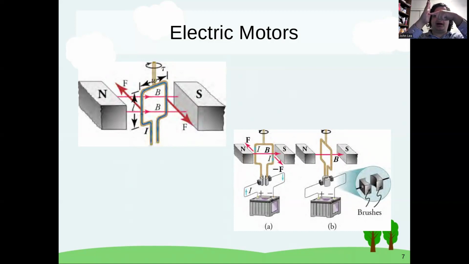This would have a high magnetic flux if my finger is the magnetic field and my hand is the open face of the loop. As it turns around, the flux gets smaller and smaller until it's completely perpendicular, in which case no magnetic field is going through the loop.